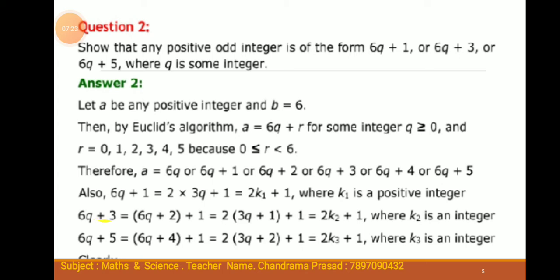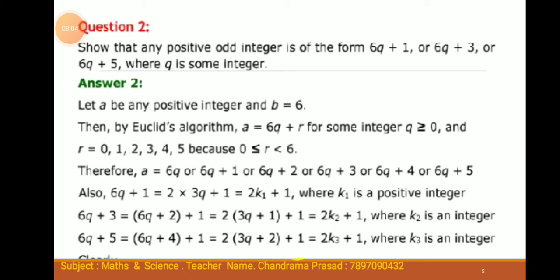Also, 6q + 1 = 2 × 3q + 1. Again, 6q + 3 = 6q + 2 + 1 = 2(3q + 1) + 1. Next, 6q + 5 = 6q + 4 + 1 = 2(3q + 2) + 1.